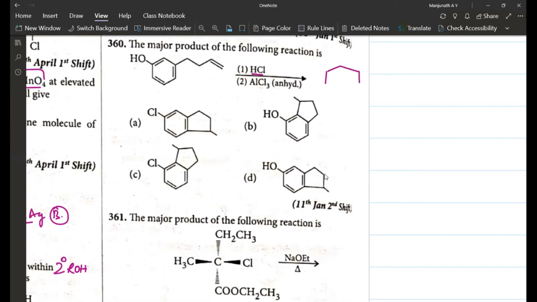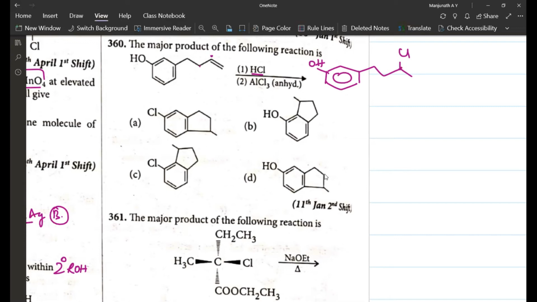The product of the first sequence is Cl here and methyl group here, OH. And this carbocation will not undergo rearrangement because there is no further stability from this carbon to this carbon. That's why chlorine will get attached here only.